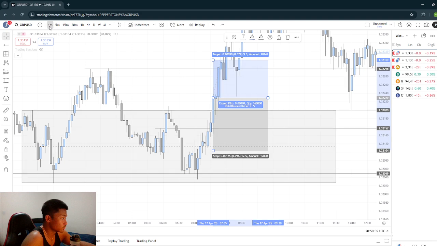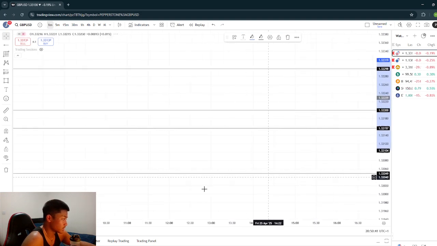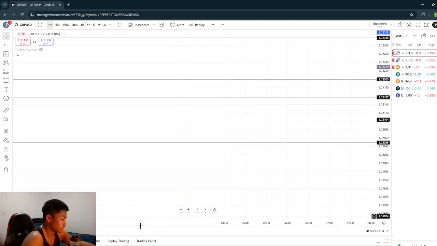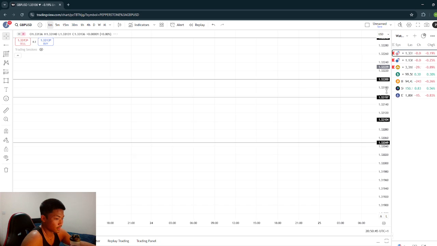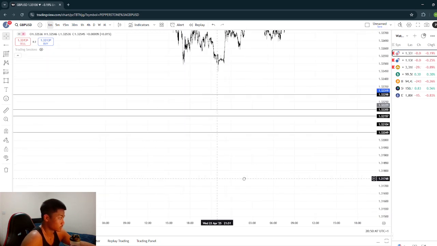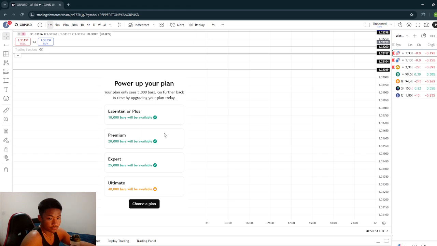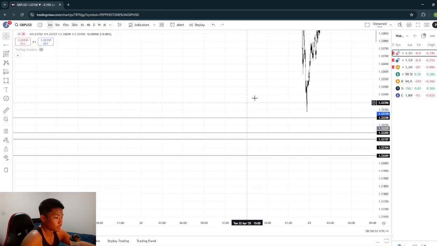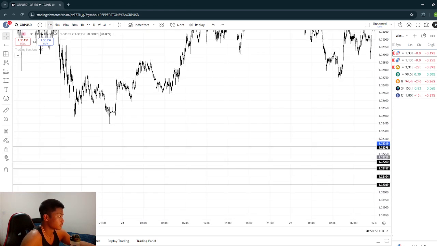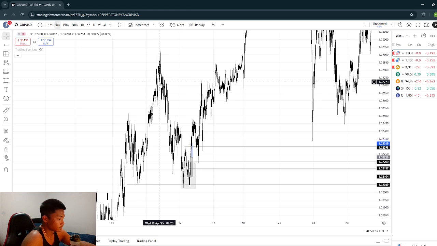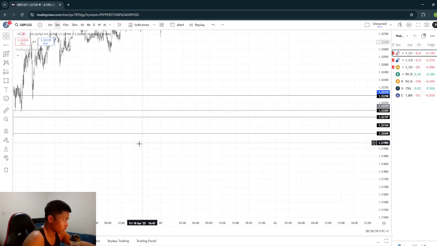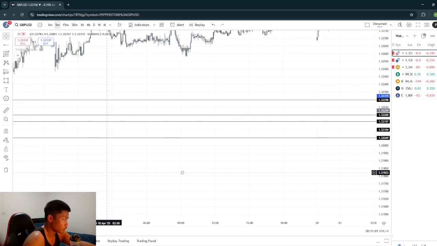But we can also execute like in the 1 minute, as we said. So as soon as we closed past that order block, hold up. Ah, look, I haven't got TradingView Premium. Lovely. So, okay, let's just say within this, we have some 1 minute lows.